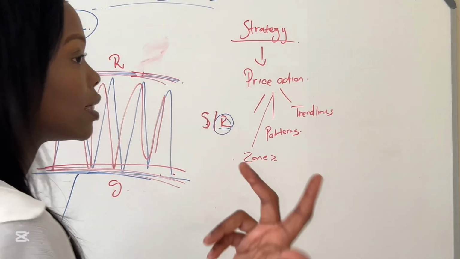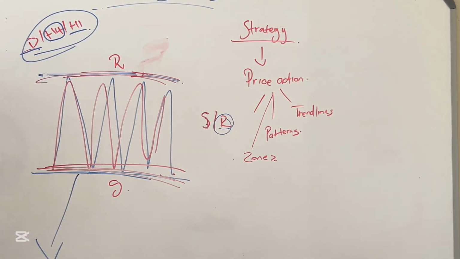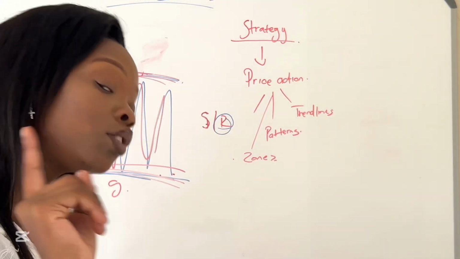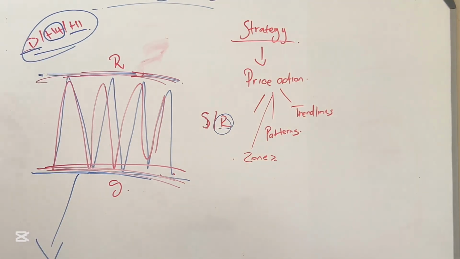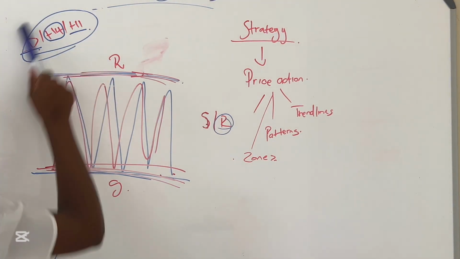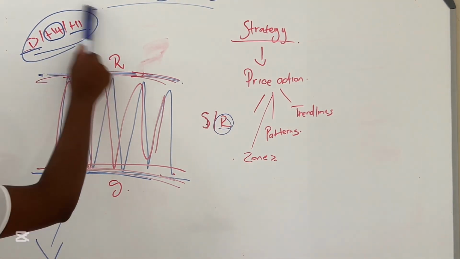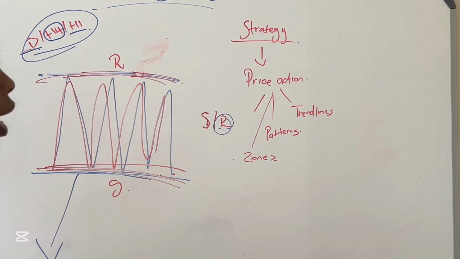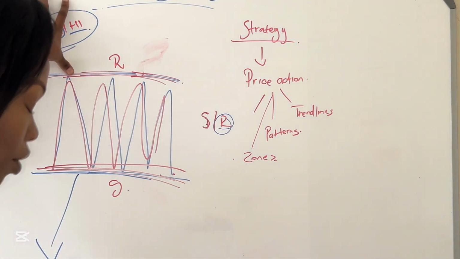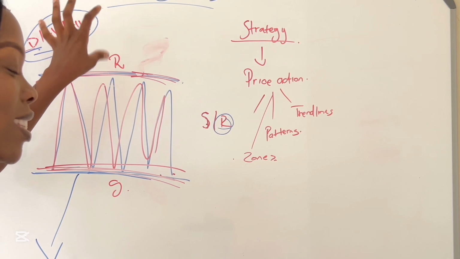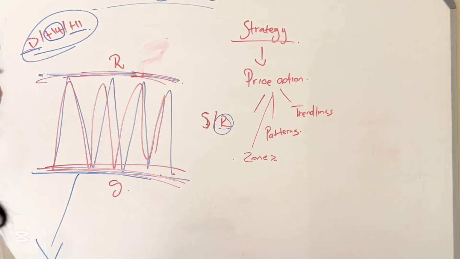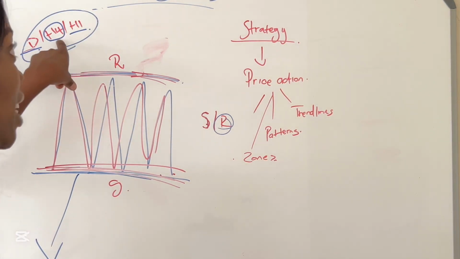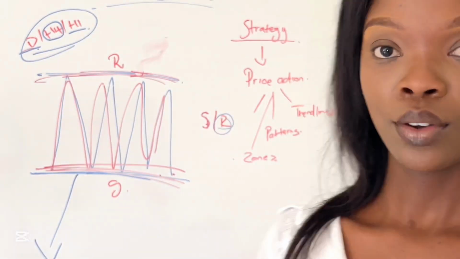I don't know if I'm making sense. We spoke about swinging and scalping in our first episode. If you did not watch, go watch. When you think structure, you must think these time frames. We use these time frames for structure. I cannot emphasize enough: we use D1, H4 and H1 for structure, right?